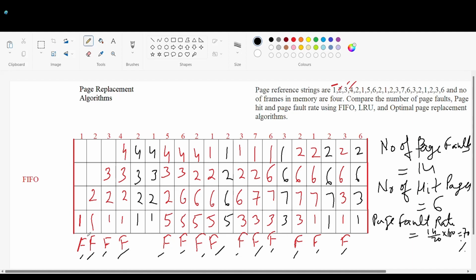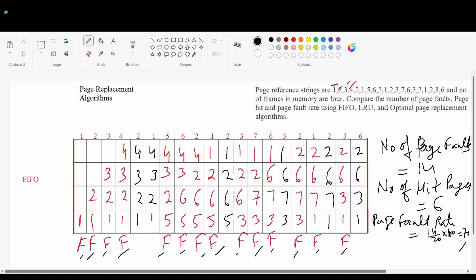So this is a page fault, this is a page fault, this is a page fault. Since 2 is already there, we don't need to replace a page. 1 is already there, so we don't need to replace a page. But 5 is not there, so we need to replace a page now.